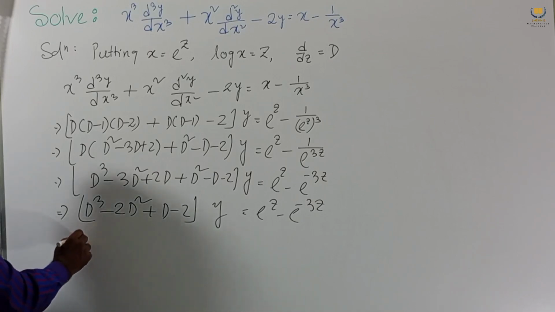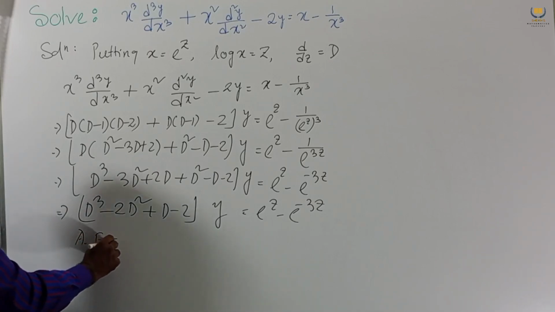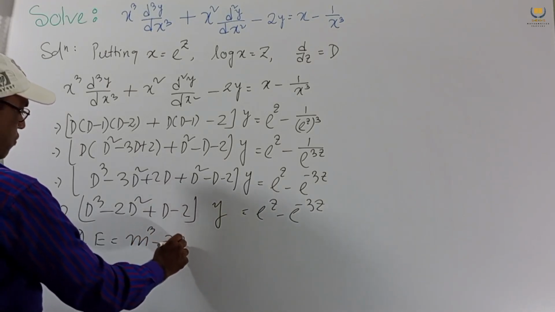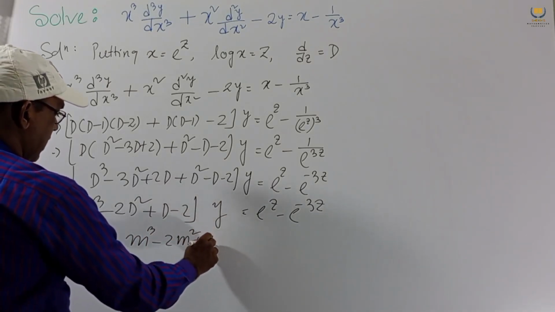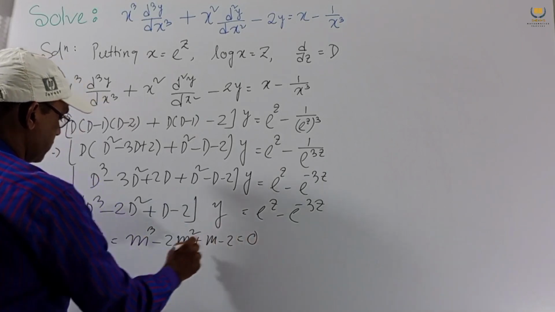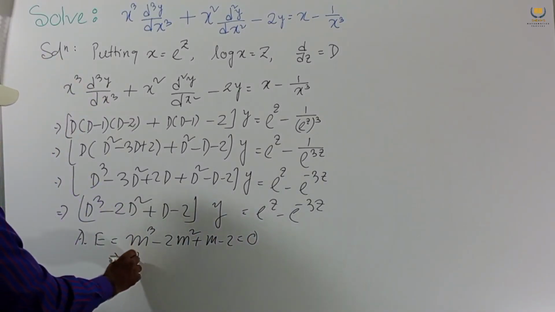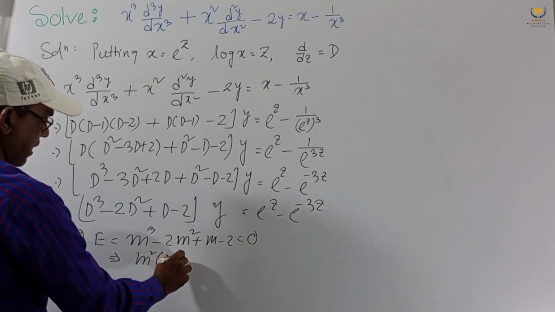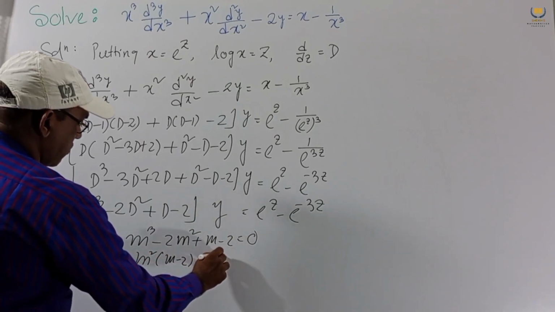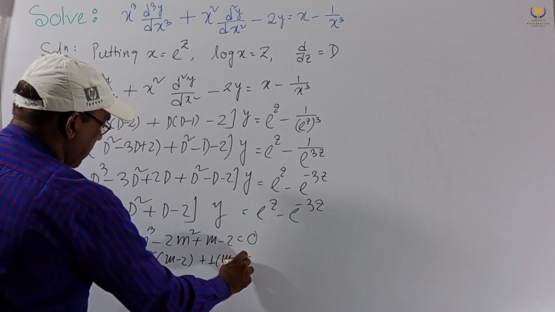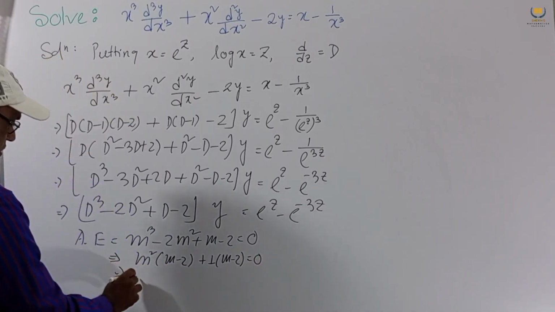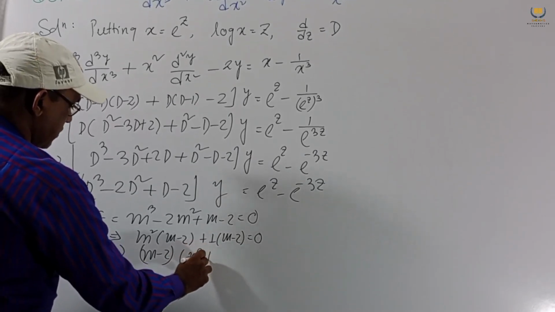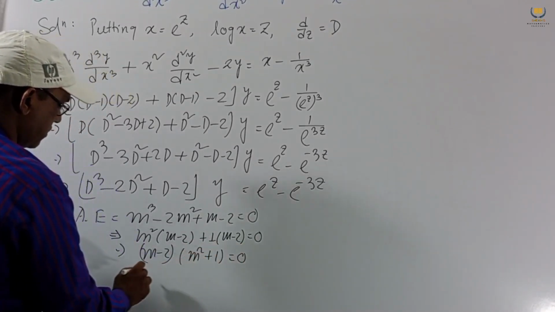Now the auxiliary equation: m cube minus 2m square plus m minus 2 equals 0. From this, 2m square common, m minus 2; here 1 common, m minus 2 equals 0. m minus 2 common, m square plus 1 equals 0.